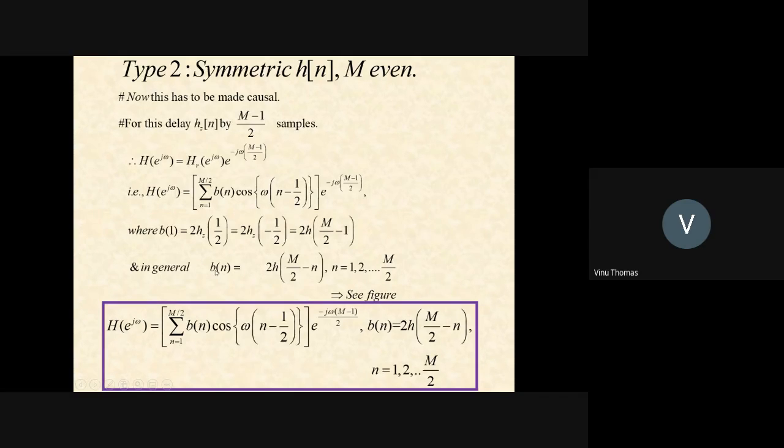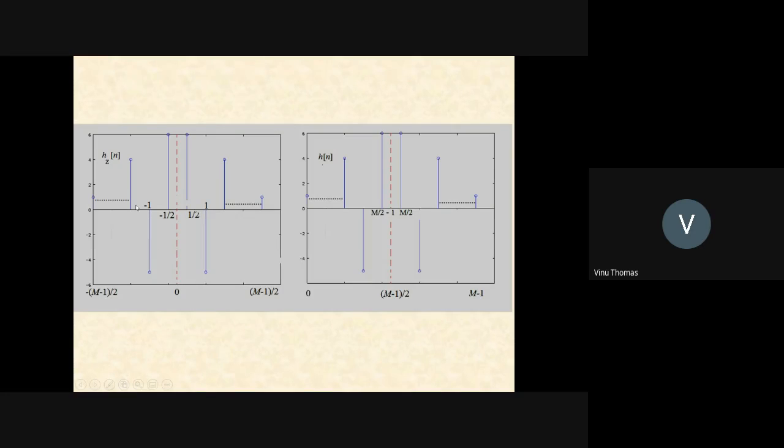In general, you can write b(n) equal to 2h(M/2 - n), where n is equal to 1, 2, etc. to M/2. So this is the example, this is your h_s(n) and this is your h(n). Earlier, the symmetry was at the origin, and samples were labeled as -1/2, +1/2, -3/2, etc. And now the samples are labeled as 0 to M-1.